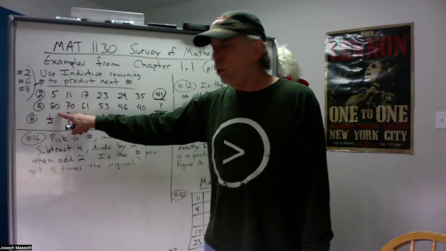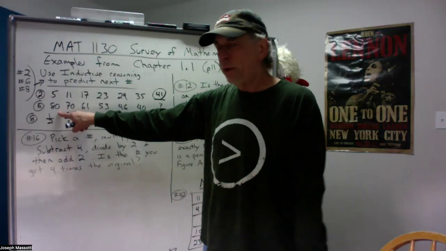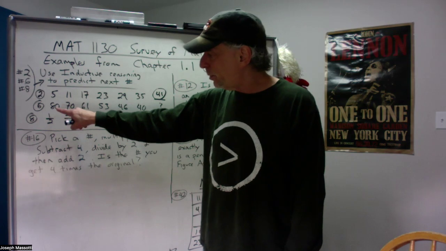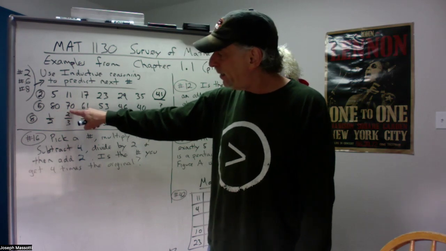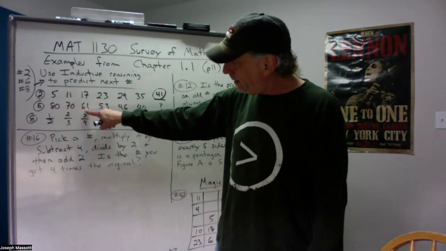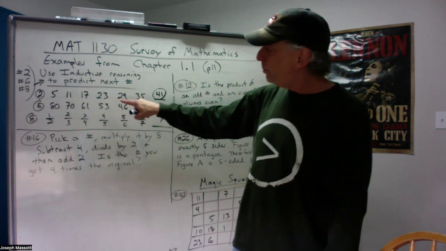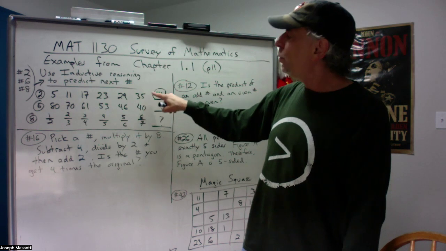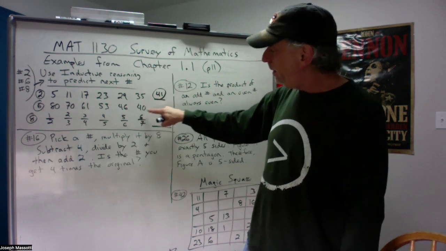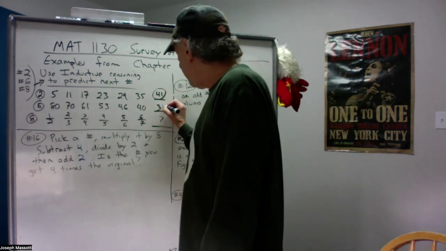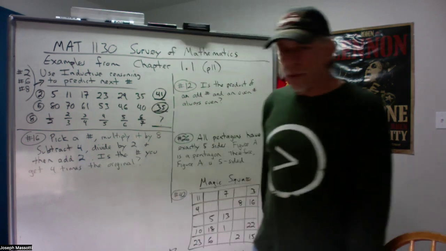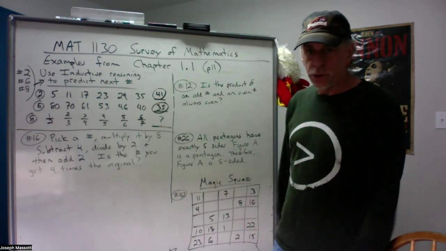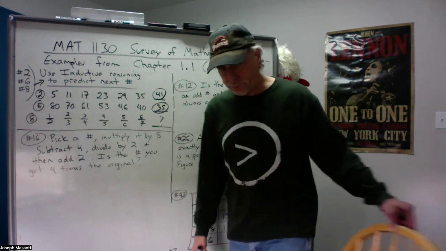So we're subtracting one number less than the previous each time in the sequence. We're subtracting 10 to get to 70, subtracting 9, subtracting 8, subtracting 7, subtracting 6. So we're going to subtract 5 from 40 and get our answer of 35. Patterns. We're just looking for patterns.